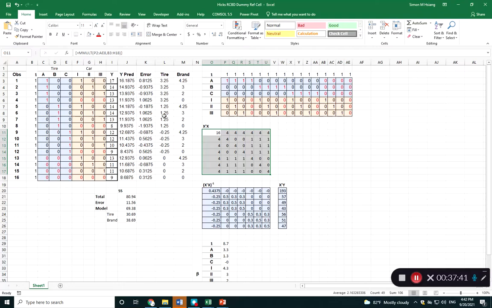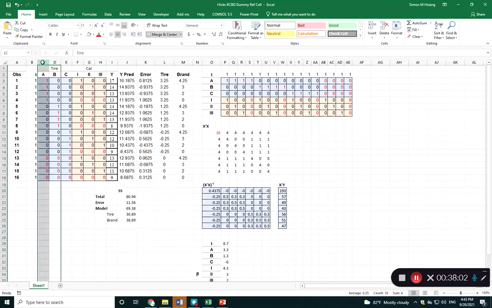Matrix multiplication. And then when you have that, what will be the first number? Total number of observations, 16. This is just like what we did for the simple regression or the polynomial. Except this time we're saying that, hey, tire could be A, could be B, could be C, or could be not A, B, C. Then that will be my baseline D. Car could be 1, could be 2, could be 3, or none of them will be my 4.